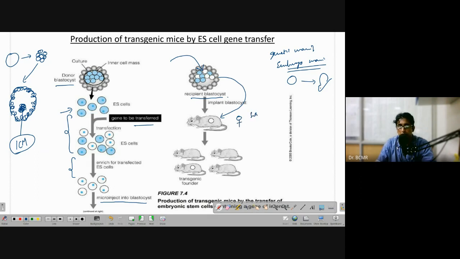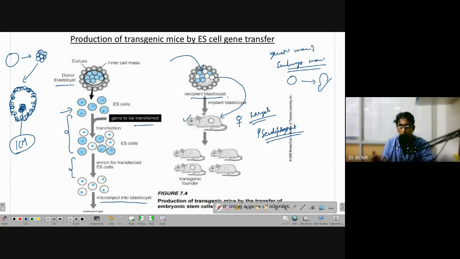It is a surrogate, and there is a procedure for it called pseudopregnant mouse. In the sense, they will allow this female to mate with a vasectomized male, so that physiologically, because of the activity, the female will have several hormones secreted, because of which it will be ready to receive, conceive and hold on to the embryos.